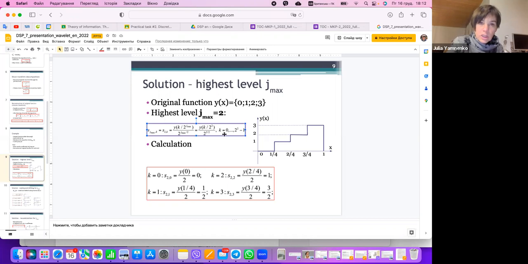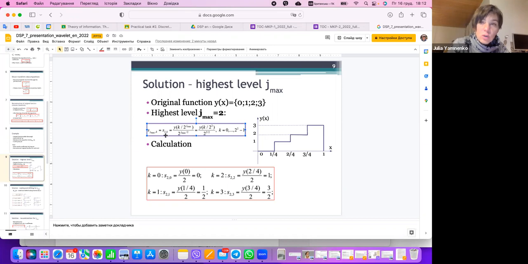Here you can see it. K is changing from 0 till 2 to the power 2 minus 1. This power 2 appears because we are at the second level, this is the number of the level. So K will take values from 0 till 2 to the power 2 minus 1, meaning 0, 1, 2, and 3, totally 4 values. And in this formula J maximum is already replaced by 2.